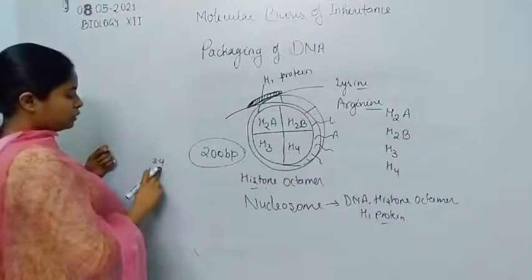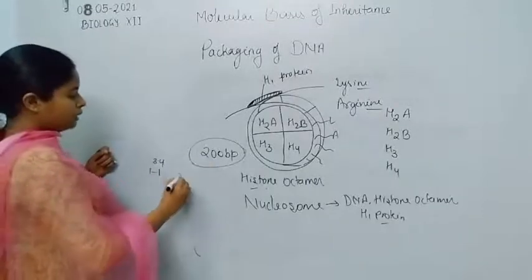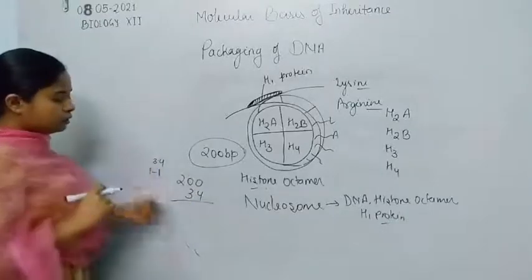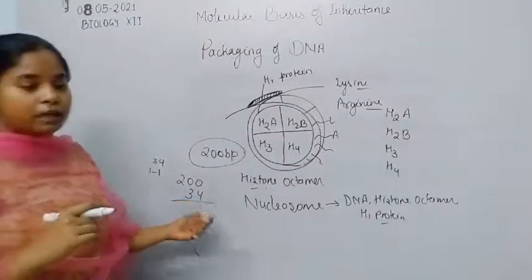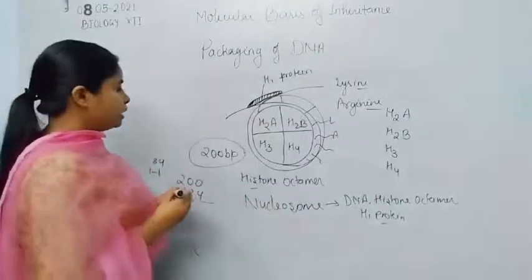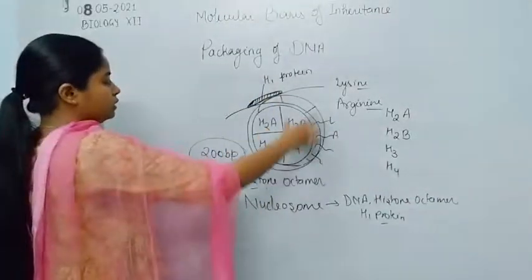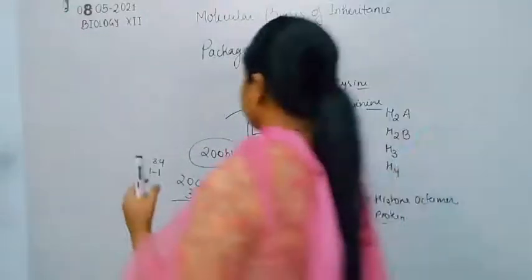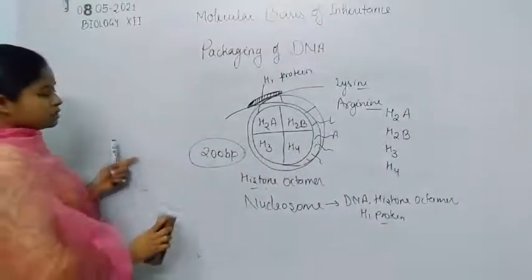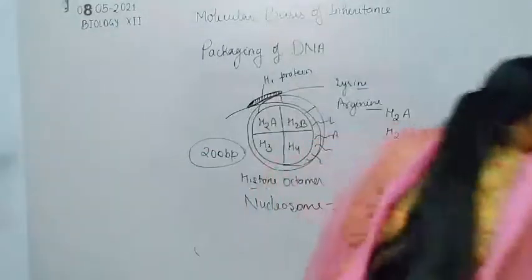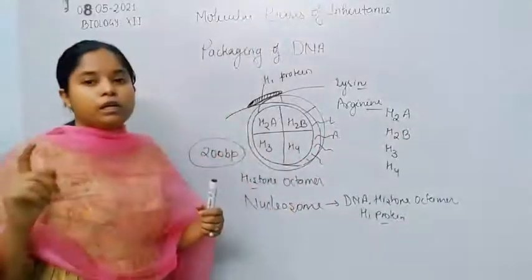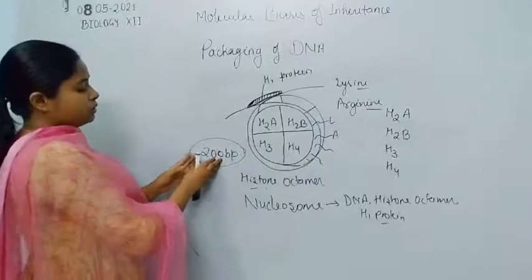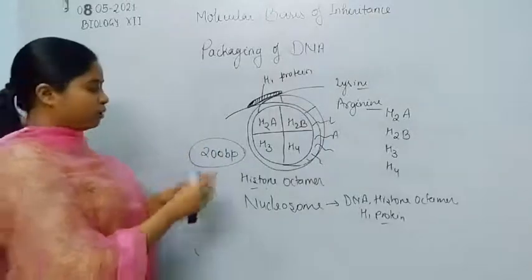So when we multiply 3.4 angstrom by 200, we can easily calculate the length of the DNA molecule present over the histone octamer, because the distance between two nitrogenous bases is 3.4 angstrom.